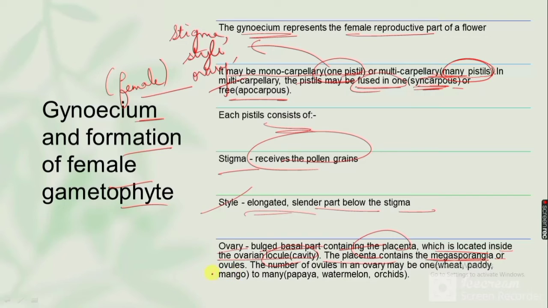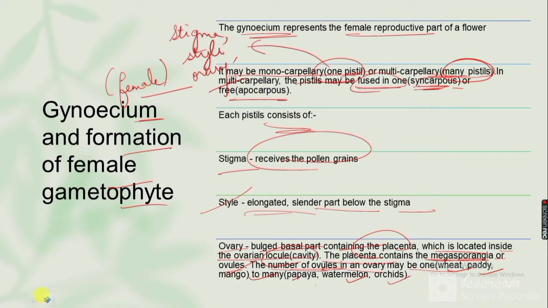The number of ovules in the ovary may be one, as in wheat, paddy, and mango. But there are many in papaya, watermelon, and orchids. You can compare it with seeds: mango is one seeded, whereas watermelon contains many seeds.